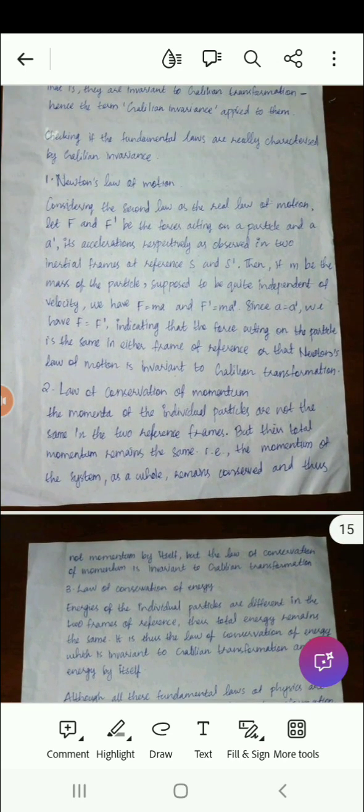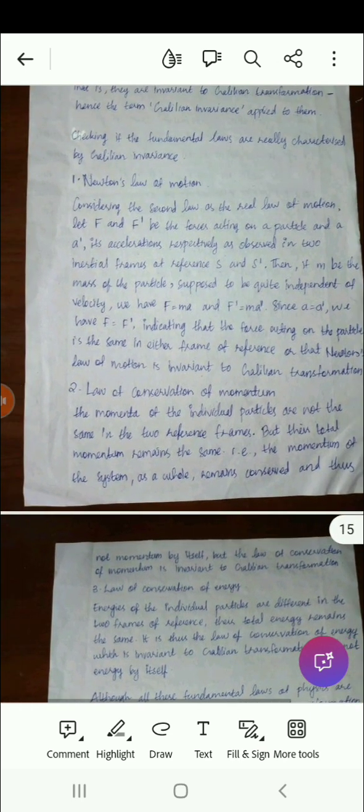I don't know if I have the time to explain all these because of the time limit. So basically, Newton's laws of motion are invariant to Galilean transformation. Okay, let's consider two reference frames S and S dash.